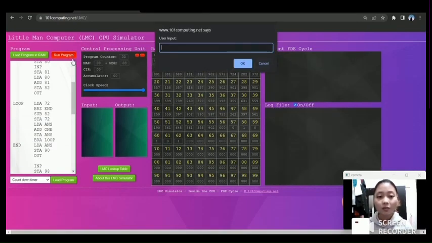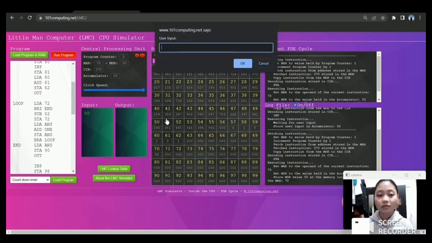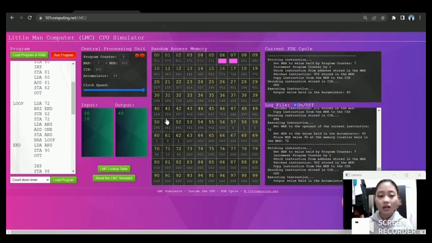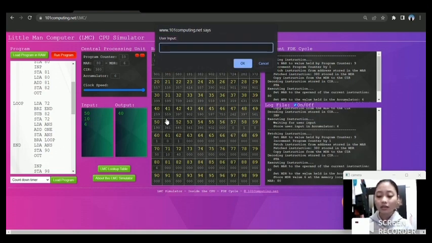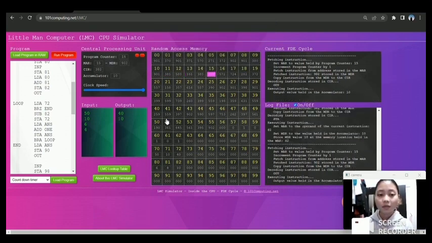So I will run the program. I will put the input of P, which is 50, and then 10 for Q, and then I will put 6 for R, and then it will plus T, which is 4.